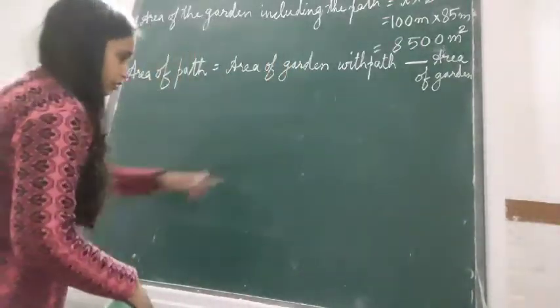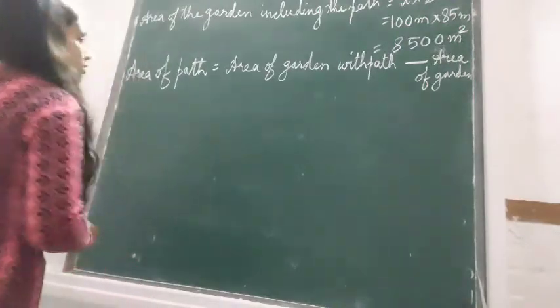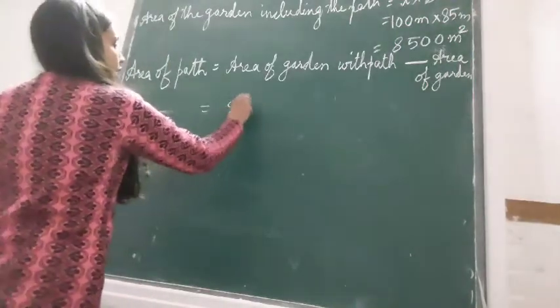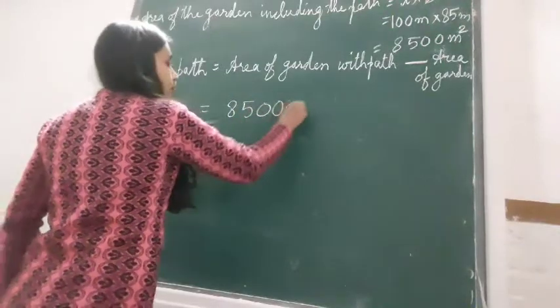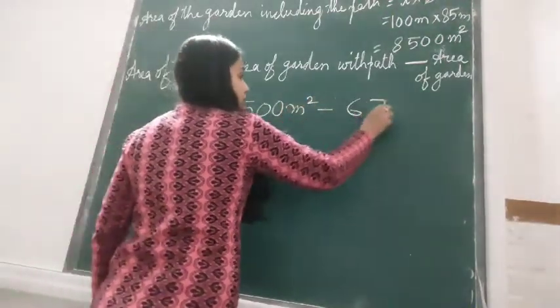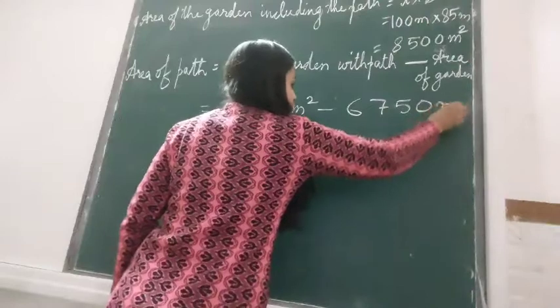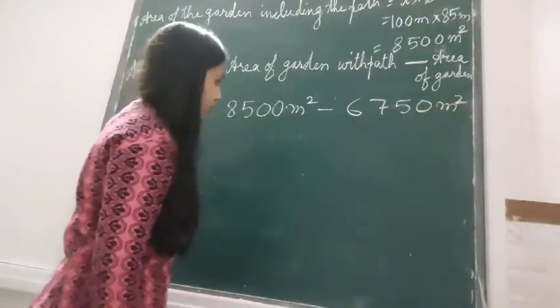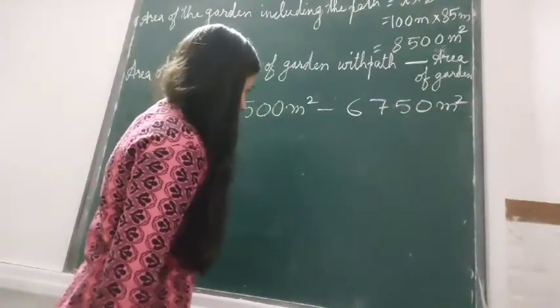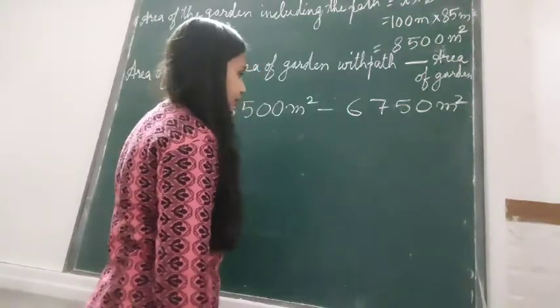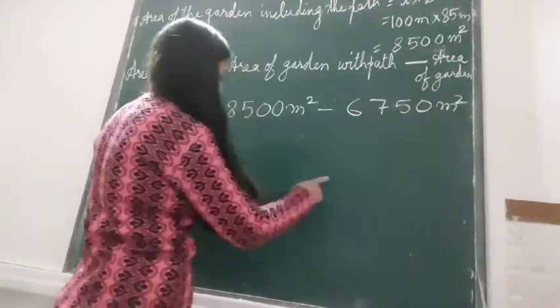Oh, I erased 6750. 6750. 8500 meter square minus 6750 meter square. I hope, children, this is only the 90 into 75 we did, no? 675, 6750.